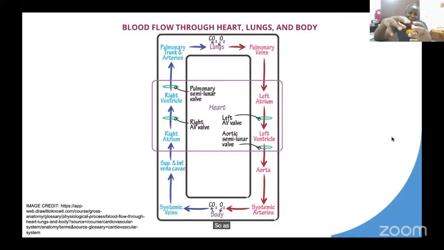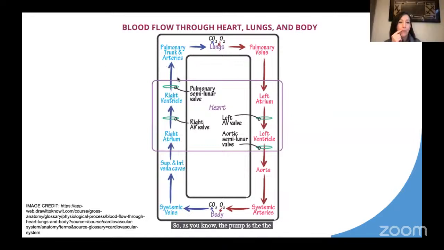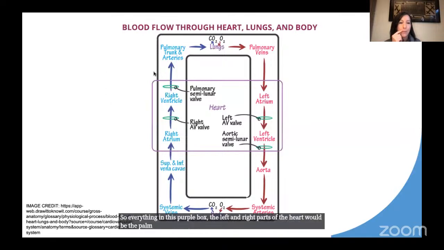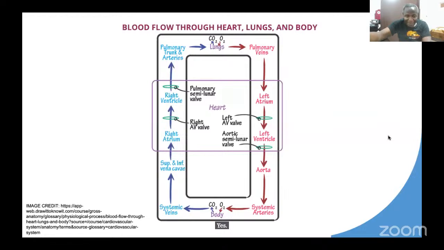So as you know, the pump is the ventricles, the heart. So everything in these two purple boxes, the left and right parts of the heart, would be the pump. Is that correct? Yes, the ventricles are the pump, and the pipes will be the vessels, both the veins and the arteries.